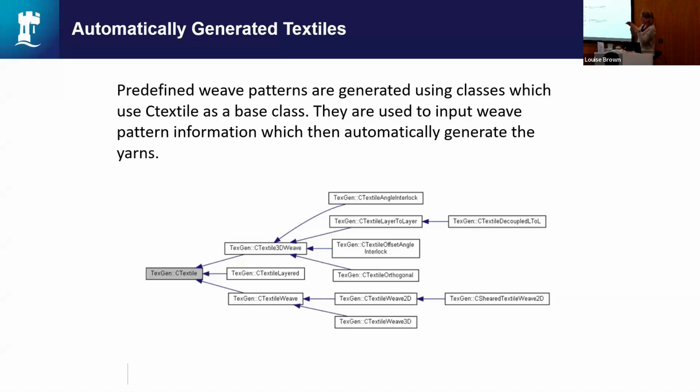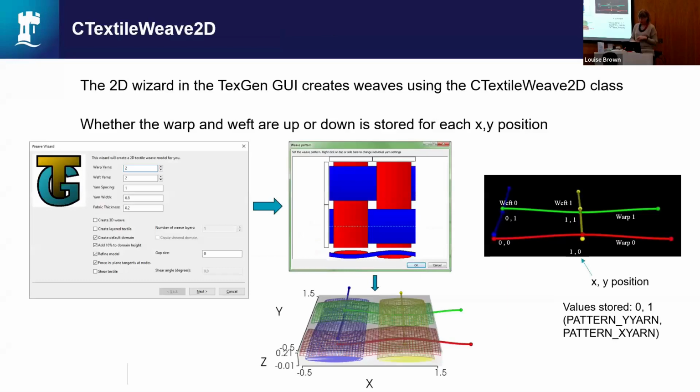As you saw on the slide with the whole thing about TexGen, you can automatically generate different standard sorts of weaves. They're all based on that C textile, and then there are various 2D and 3D textile types. So the 2D wizard, which I've just shown you, basically brings up a dialogue.